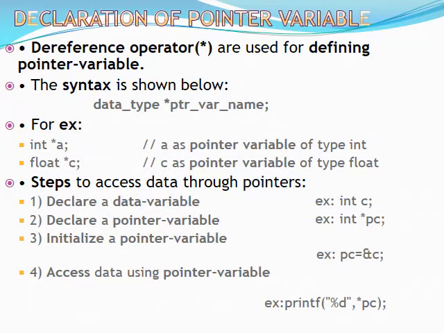For example, if I want to declare an integer pointer, I can declare it like int space star and the variable name. In my example I have declared a pointer variable int *a as a pointer variable of type integer. Similarly float *c. This is a pointer variable for float type.